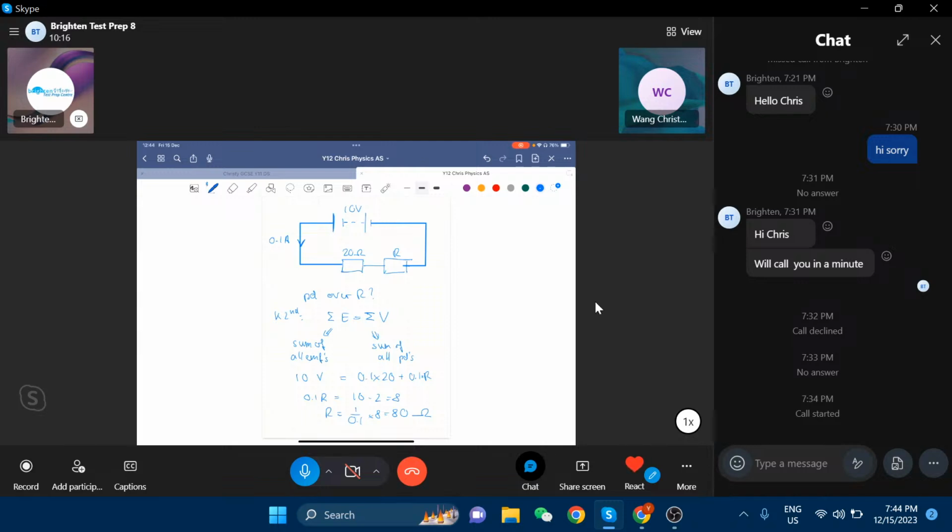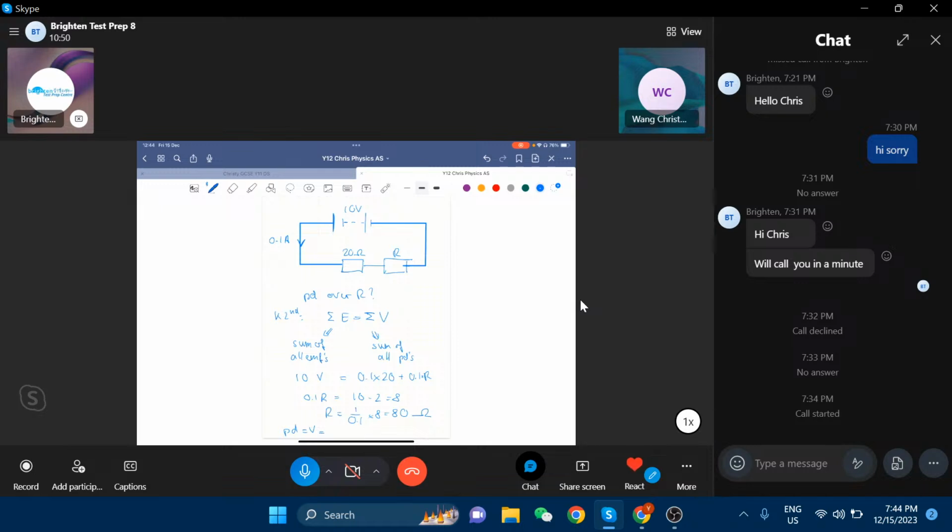So what is the potential difference for the 20 ohm resistor?